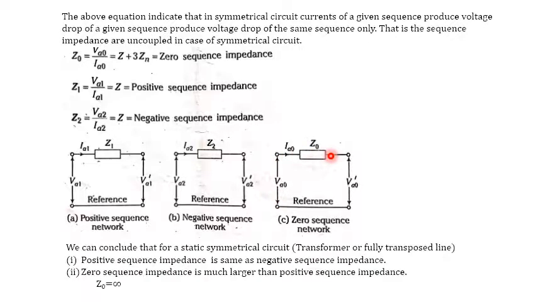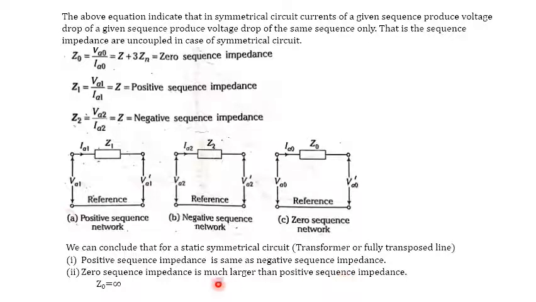So from this what we can conclude is that for a static symmetrical circuit, meaning for the transformer and the fully transposed transmission line, the positive sequence impedance is the same as the negative sequence impedance, but the zero sequence impedance is very large compared to the positive sequence impedance.